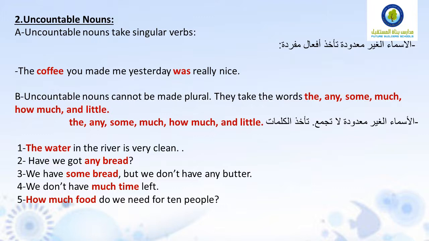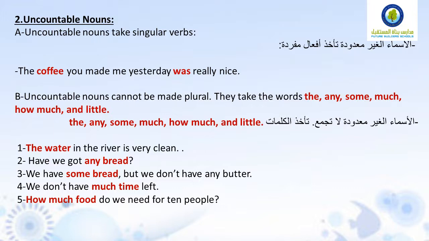Now for the countable plural, we said that we can use also the and any and some, but instead of much, what did we use? Many. Instead of how much, what did we use? How many. So many, how many, and few for plural countable nouns. For the uncountable, the nouns that we cannot count, we use much, how much, and little.